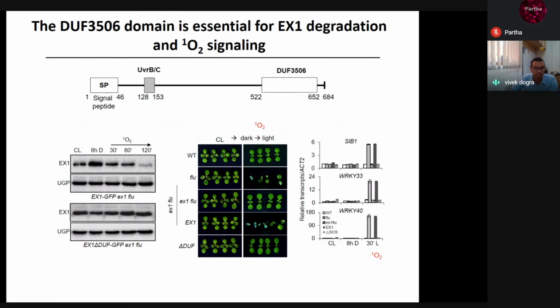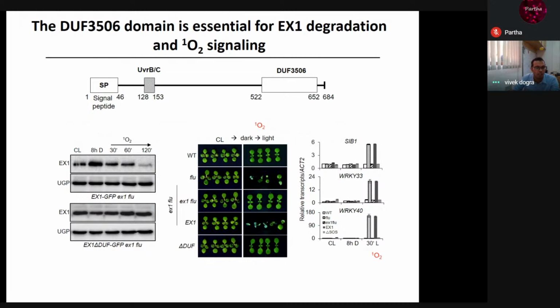So then what we did was take out this domain from this protein. We made an Executor 1 protein overexpression line in the ex1 flu background by deleting this domain. Now we have 2 systems: one where we had the whole EX1, and one where we just deleted this domain.